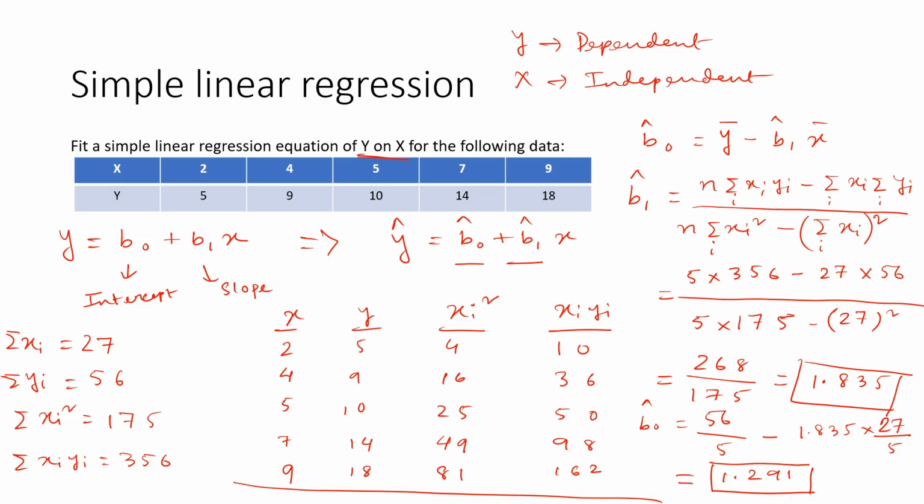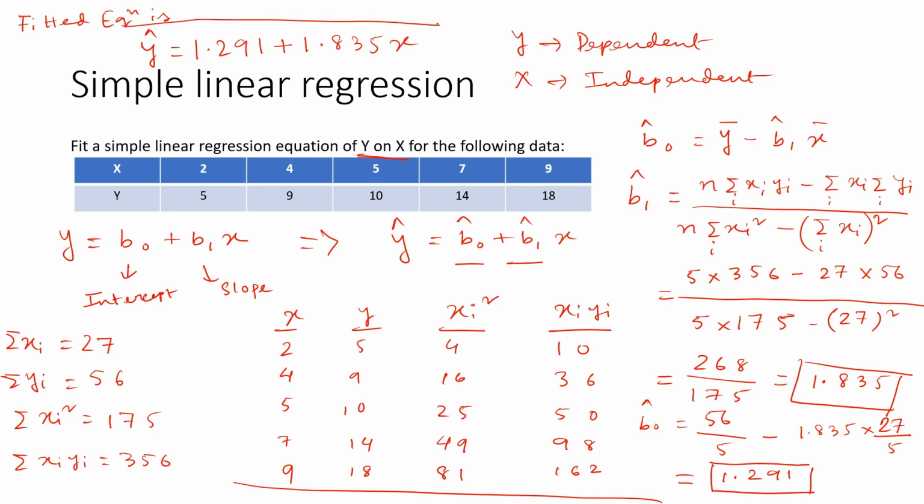So this is the simple calculation by which we can find the estimated values of b1 hat and b naught hat. The final fitted equation is y hat equals b naught hat, whose value is 1.291, plus b1 hat into x, where b1 hat is 1.835, so 1.835 into x.